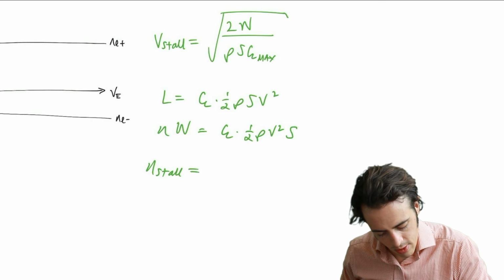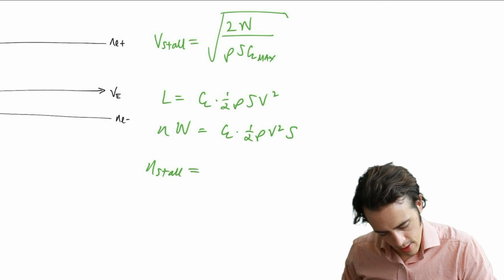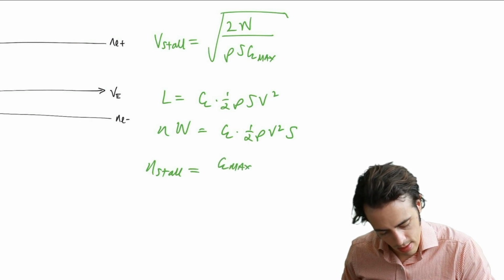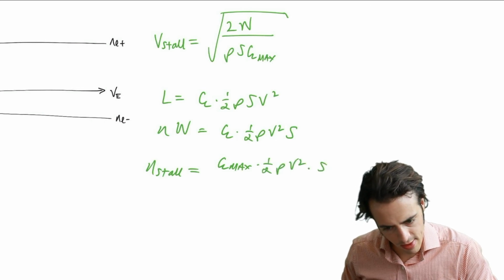So n stall is equal to CL max multiplied by half rho V squared S divided by the weight.